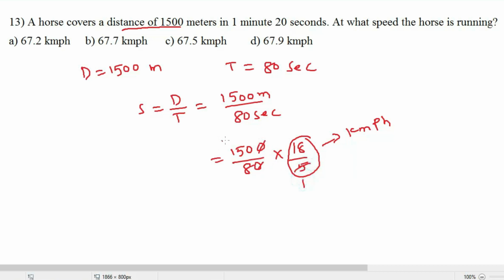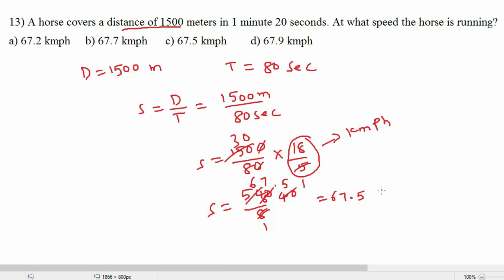0 0 cancel. 5 one time, 5 3 times, 0 0. 5 30 times. 18 into 30, 540 divided by 8. 8 one time. 8 6 times 48. 6 is carry. 8 7 times 56. 4 is carry. 0. 8 5 times 40. 67.5.